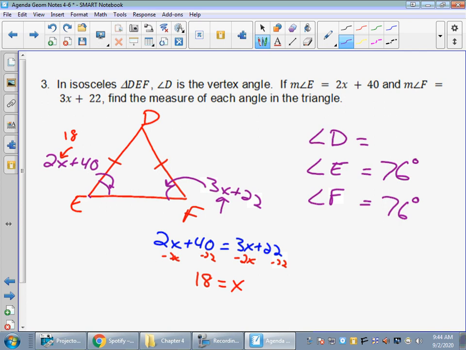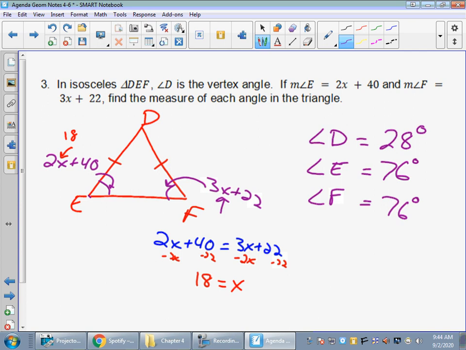Now I'm going to use the triangle sum theorem: 76 and 76, add those up and subtract from 180, because that will give us what D has to be. So 76 plus 76 is 152, which means that angle D has to be 28 degrees.